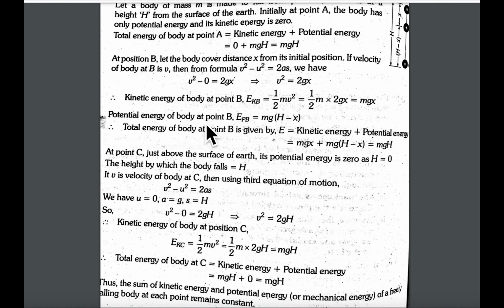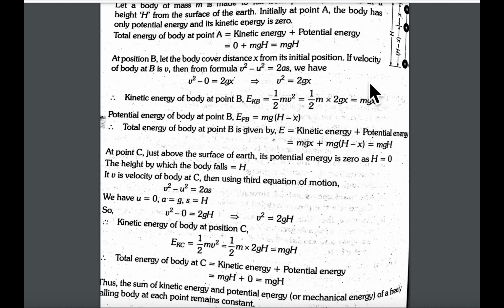And the potential energy of the body at point B, we'll denote it as EPB, means potential energy at point B is equal to, what is the formula of potential energy? mgh.